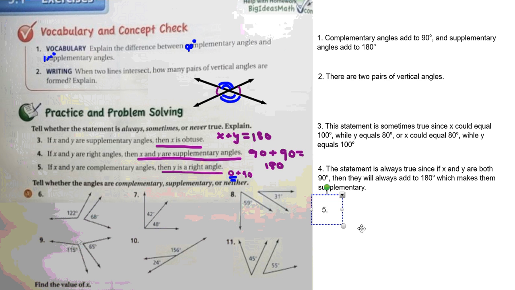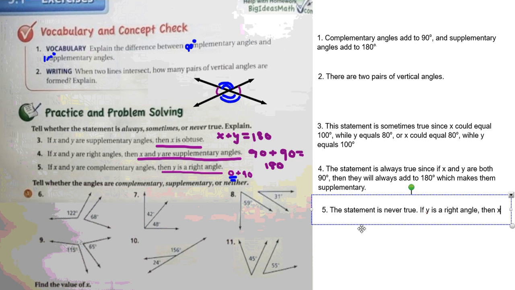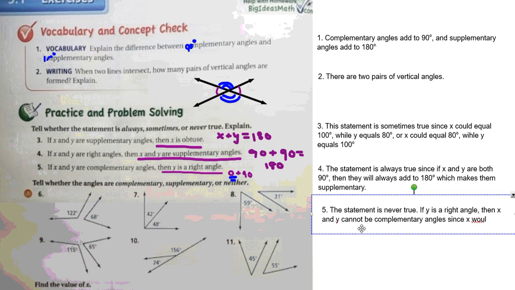So for number 5, the statement is never true. If y is a right angle, then x and y cannot be complementary angles, since x would have to be a "0", I'll put this in quotations because it doesn't really exist, a 0-degree angle.